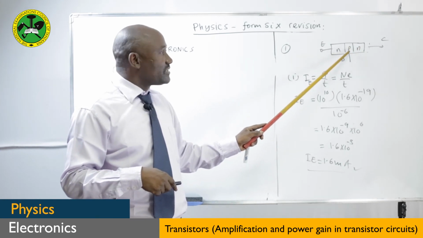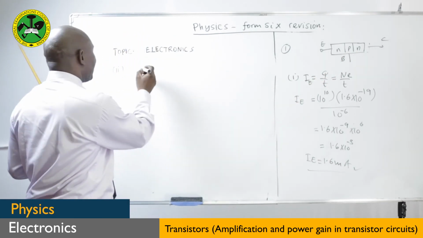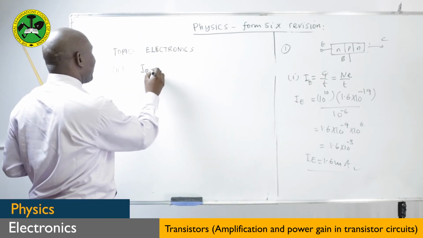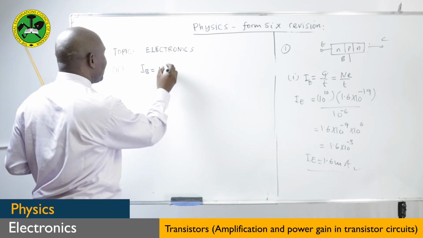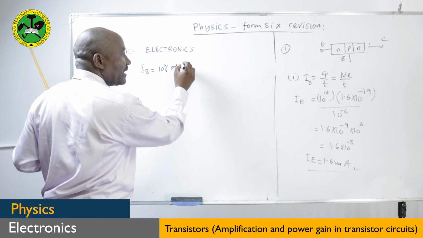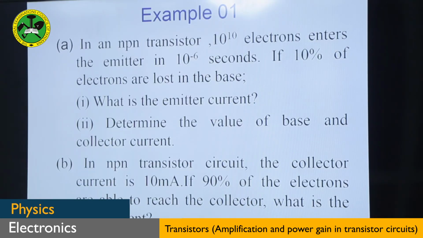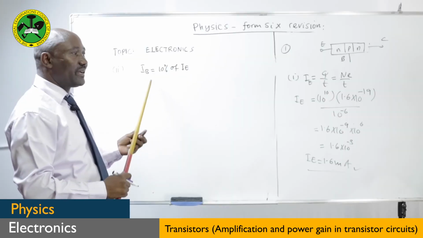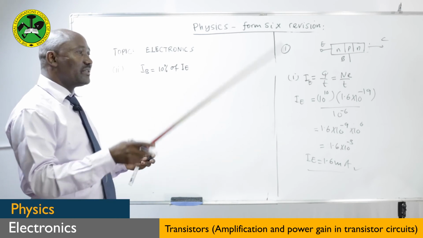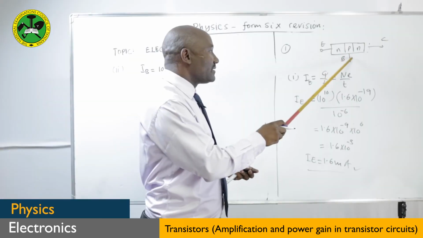These are the ones which are lost, and these are the ones which produce the current here. So the base current is given by 10% of the electrons emitted from the emitter. Why? Because these are the ones which combine here to produce the current in the base.